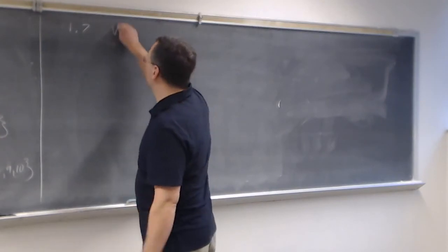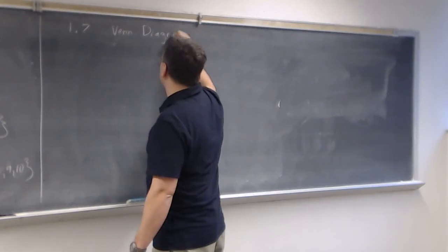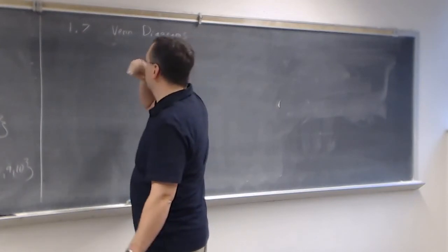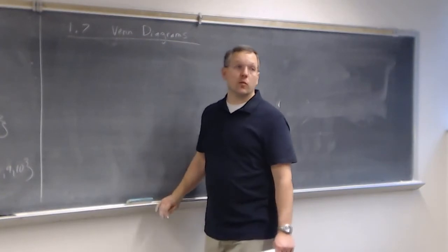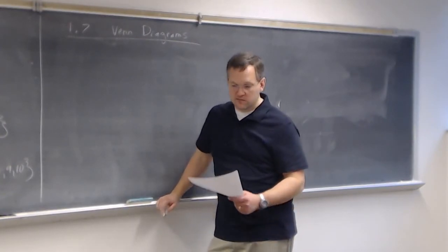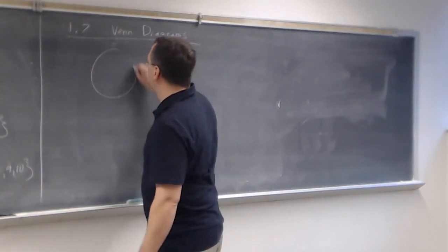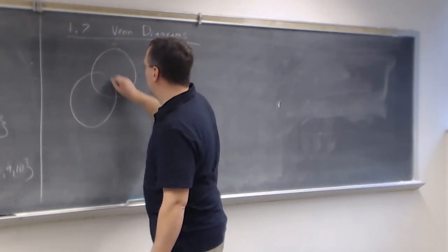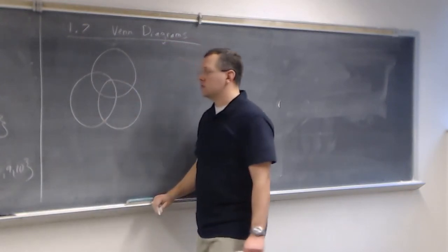So, Venn diagrams. I'm just going to show you some more examples, specifically unions and intersections with more than 2 sets. So when you have 3 sets, you have to draw your Venn diagrams.